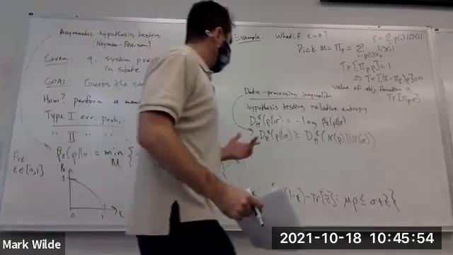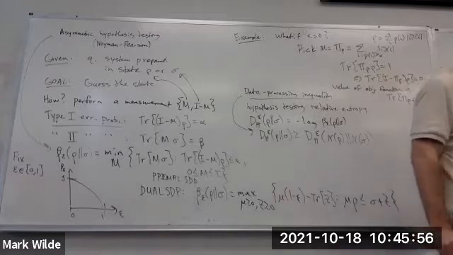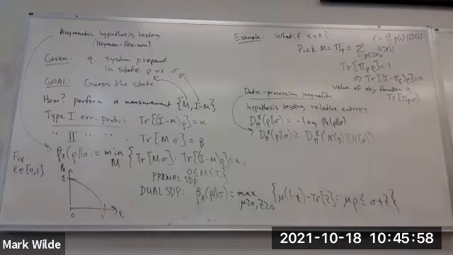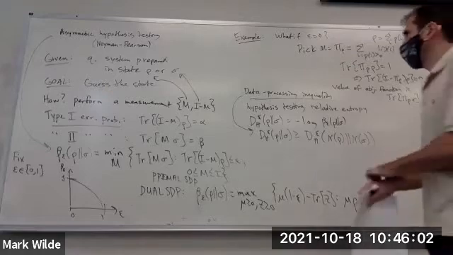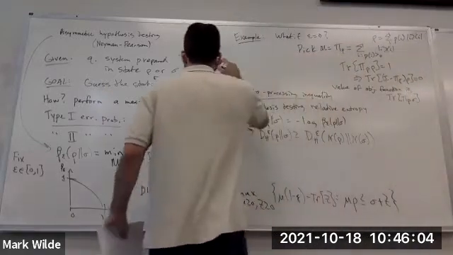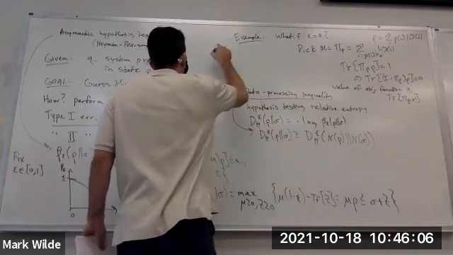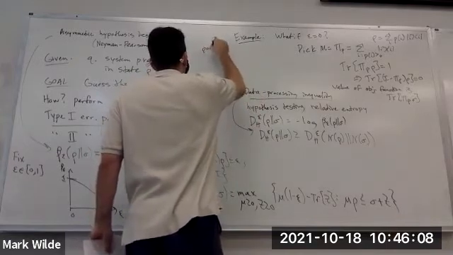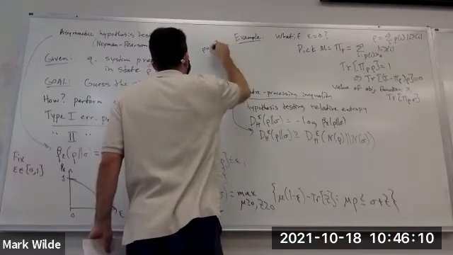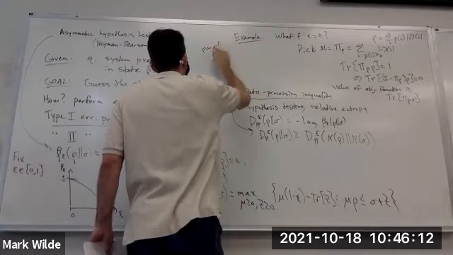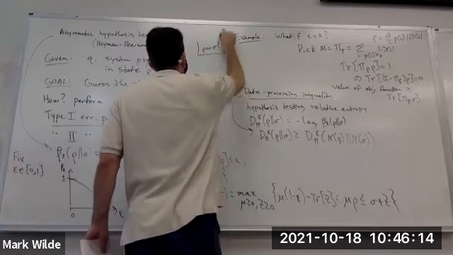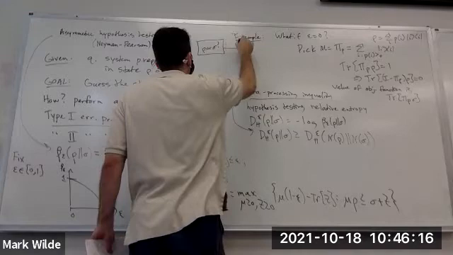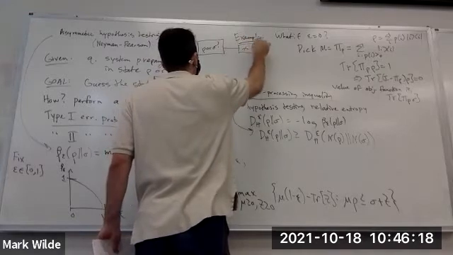Last time we proved the data processing inequality for the error probability in symmetric hypothesis testing. How did we do that? We had an intuitive reasoning that if you have rho or sigma, there's some box prepared in the state, and then you do a measurement.